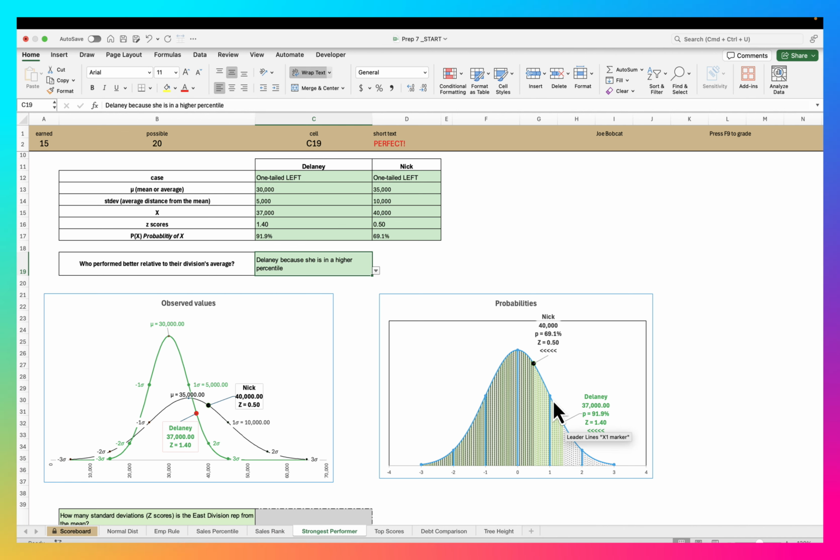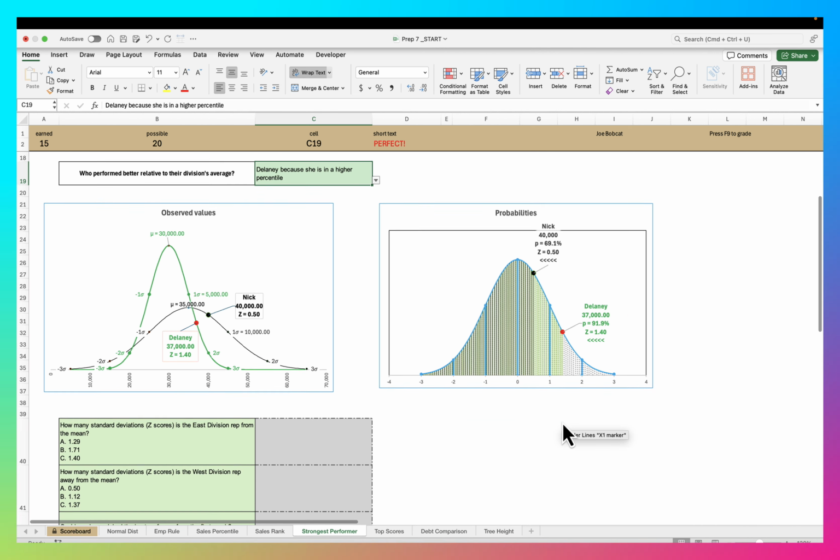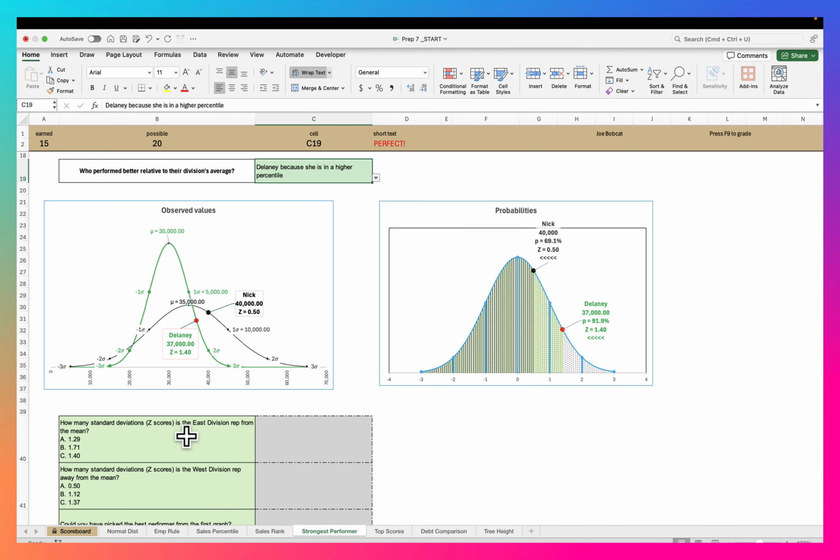So there's Delaney, there's Nick, and Delaney is better than all the green dots to the left. Nick is better than all the black dots to the left, but the green dots are infused here where they overlap with the black dots. So she's better.